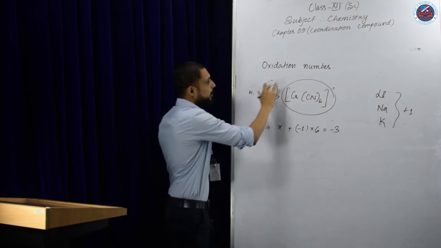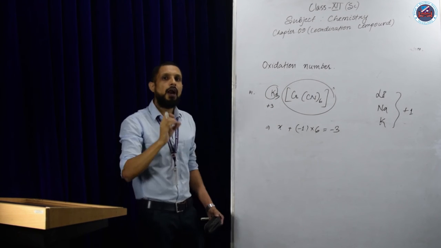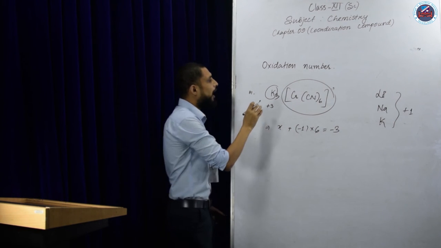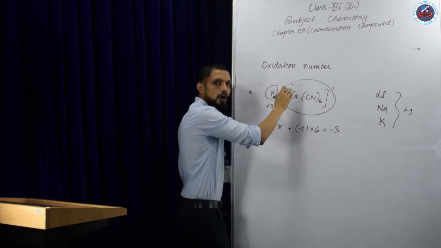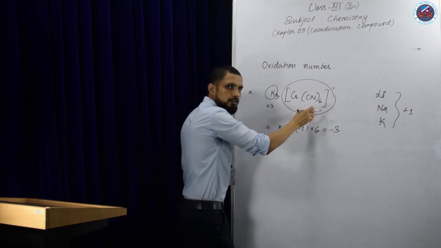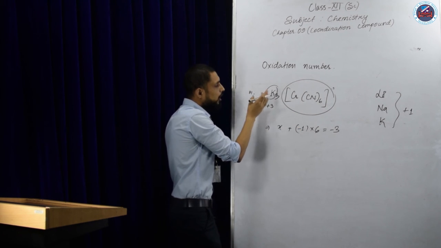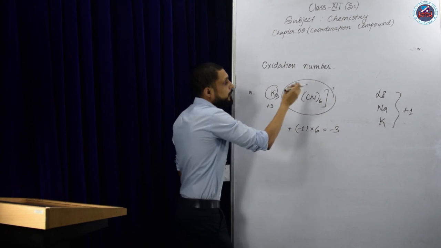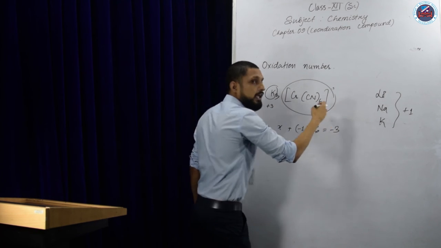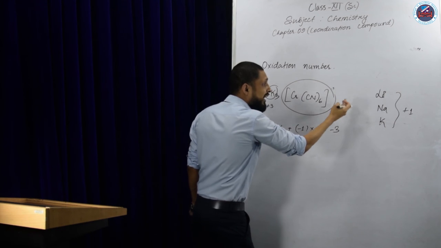So in cases where a counter ion is given, you have to find the charge of the complex, that is the coordination entity. If the counter ion is +3, the charge carried by the coordination entity is -3. In case you have a negative counter ion, that will be written on the right hand side.